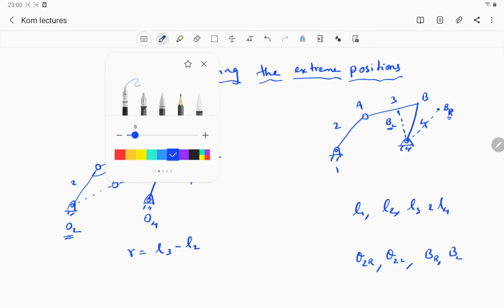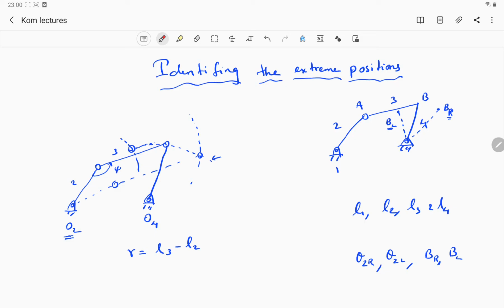Let me change the color to represent the two extreme positions. One is this position, another one is this position.